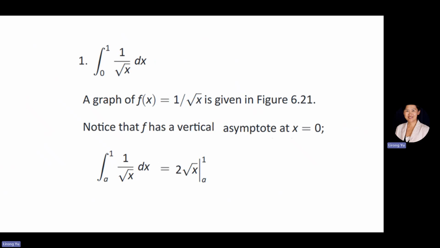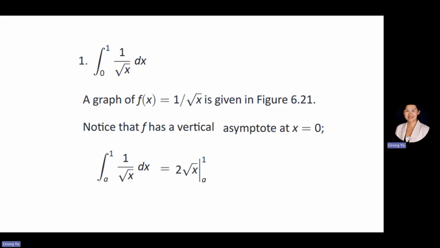So now, how do we integrate this? This is x to the -1/2 power. So we can actually use our power rule for the integration. It's in the denominator, so it's -1/2 because it's a root. Root is 1/2 power, and then dx.